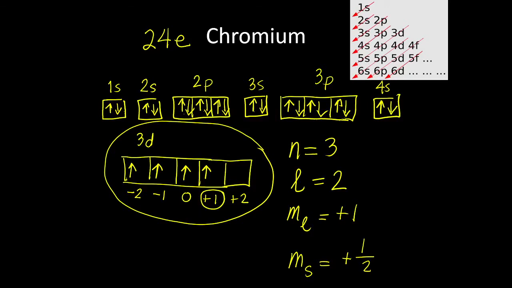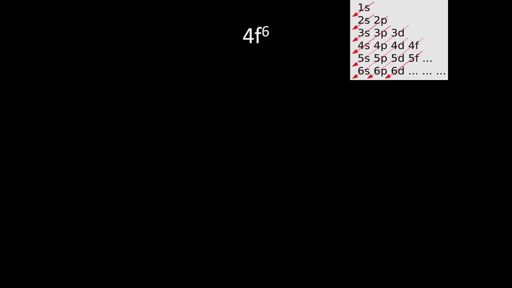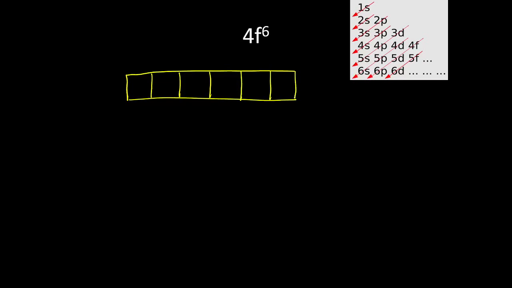Okay? Now, let's continue. What if I'm gonna give you this? 4F6. So, if I'm gonna draw F, pila ka boxes ang F gani? Is it 6 or is it 7? 1, 2, 3, 4, 5, 6, 7. So, example, this is 4F.